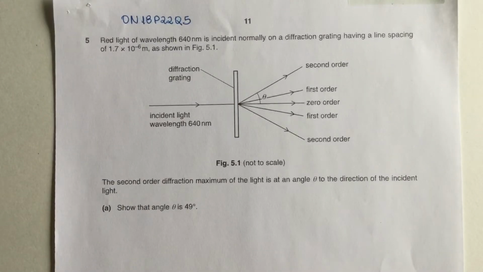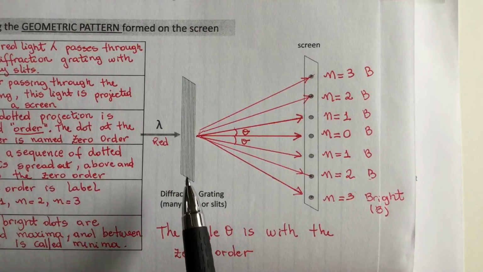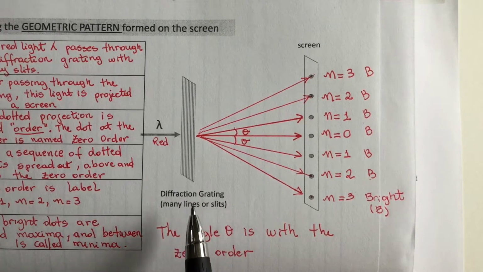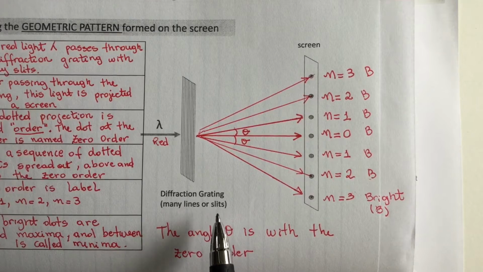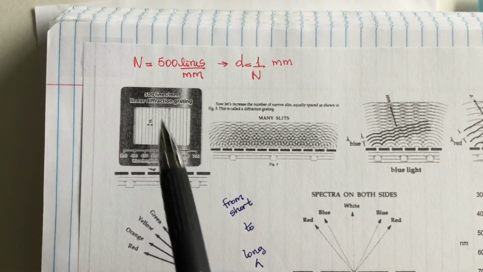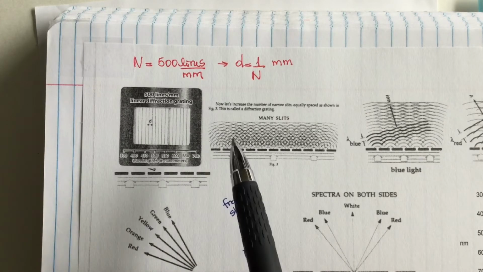Before answering this question, I'm going to bring back your notes. This screen, which is called a diffraction grating, has many lines or slits. As the light passes through all these slits, it is going to diffract.